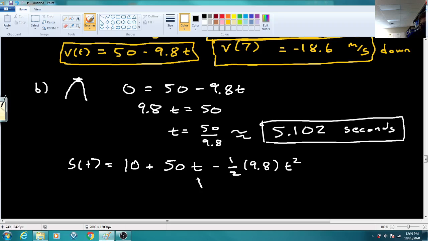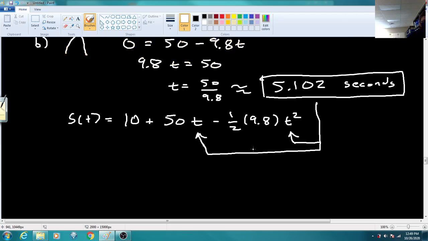And what we're going to do now is plug in this time for both of those, and that'll tell us the maximum height. So S of 5.102, this will be the maximum height. And I just need to use my equation to figure out what that actually is going to be.